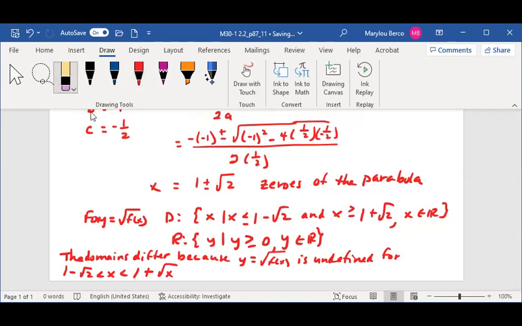Whoops, root 2. The ranges differ because y equals root f of x is undefined for y less than 0.